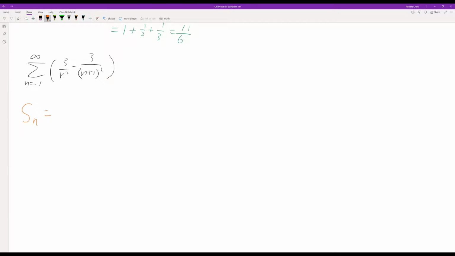So starting with n equal to 1, that's 3 minus 3/4 plus 3/4 minus 3/9 plus 3/9 minus 3/16 plus 3/16 minus 3 over 25, and so on, right?